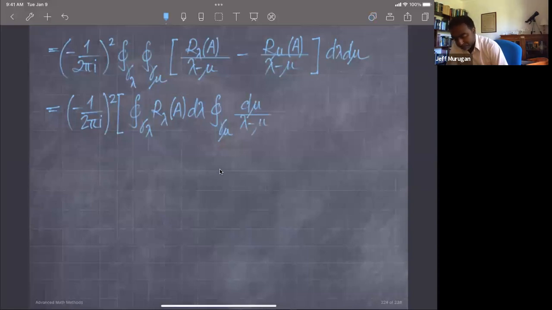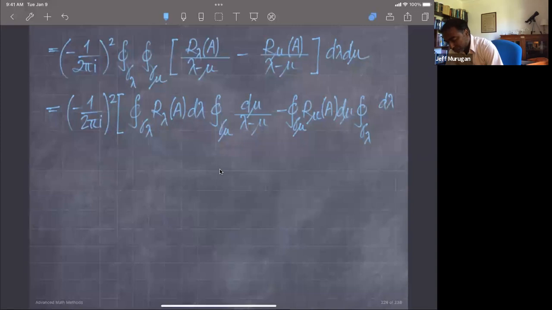That's the first one. Minus the integral over gamma mu of R_mu of A d mu, integral over gamma lambda of d lambda over lambda minus mu.